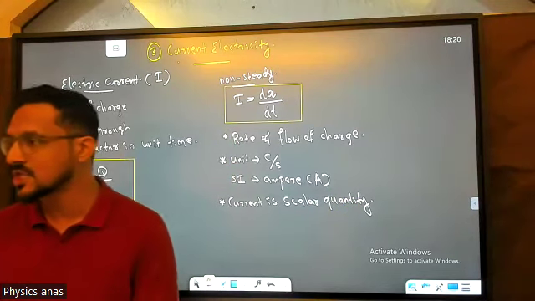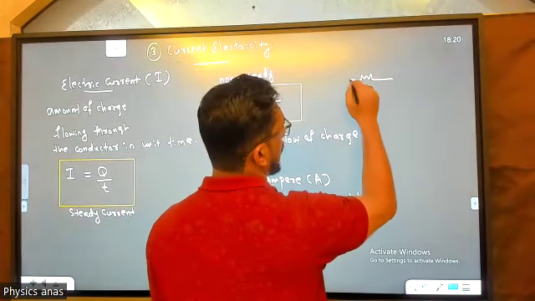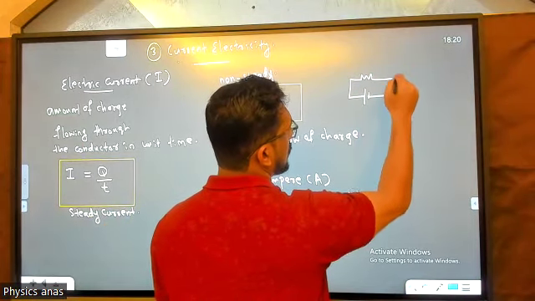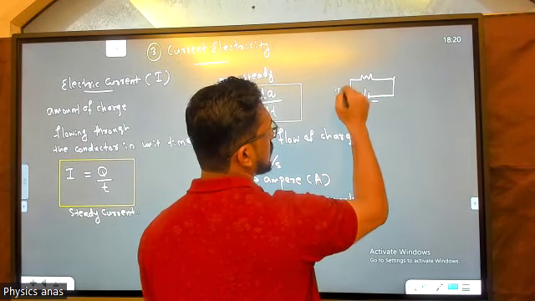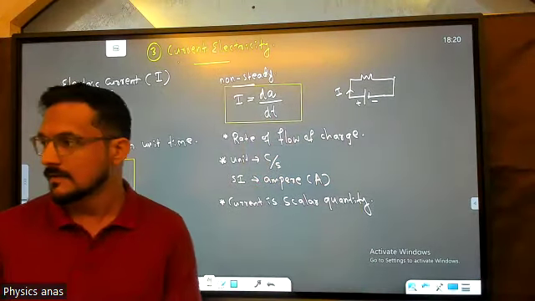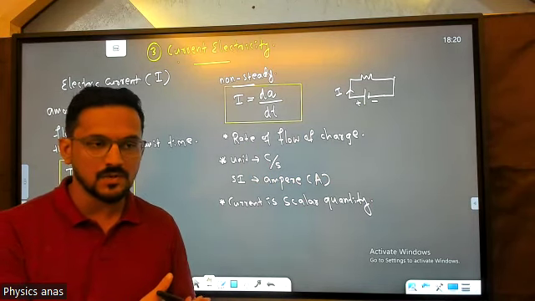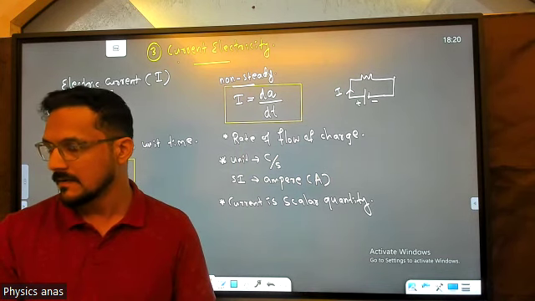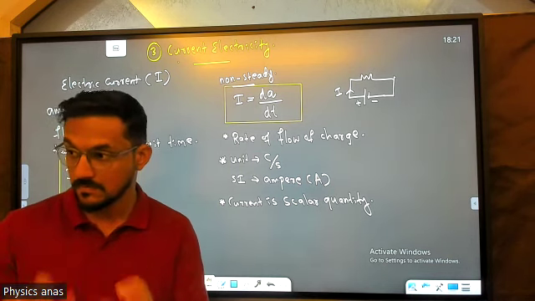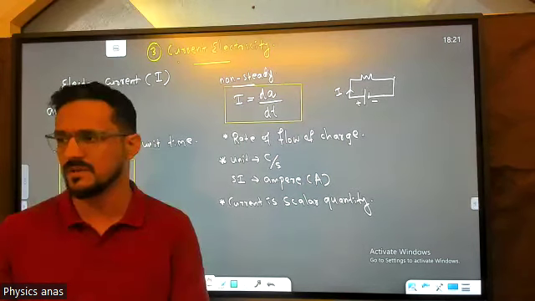When we are constructing a circuit like this, current has a direction. Current is from positive to negative, like this. Current has direction. Sorry, why is current a scalar quantity then? It has direction or not? Of course, it has direction.